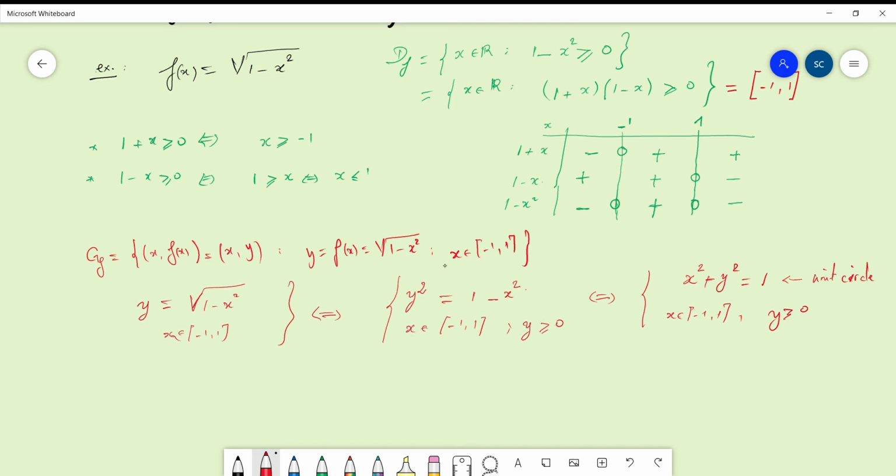So my graph finally will be something like that. If I have unit 1 here and unit 1 here, my graph will be something like that. So this is the graph of f. It has the equation y equals the square root of 1 minus x2.